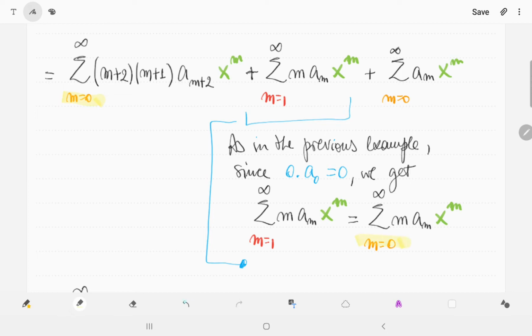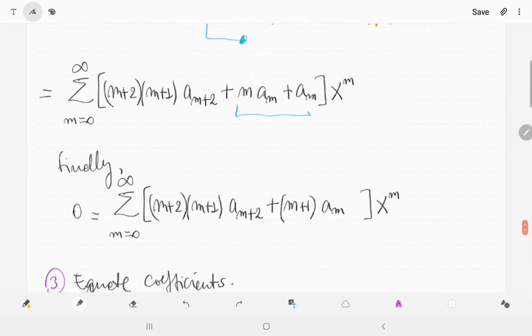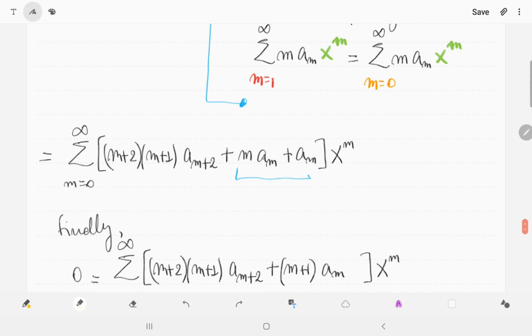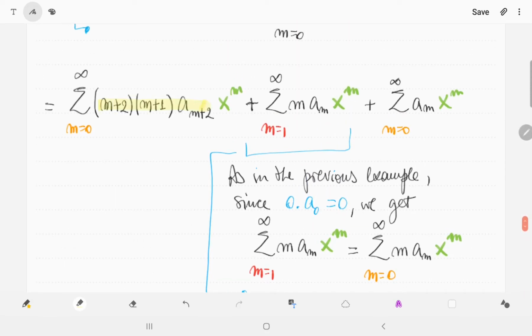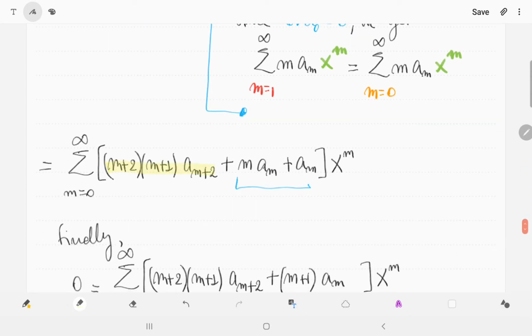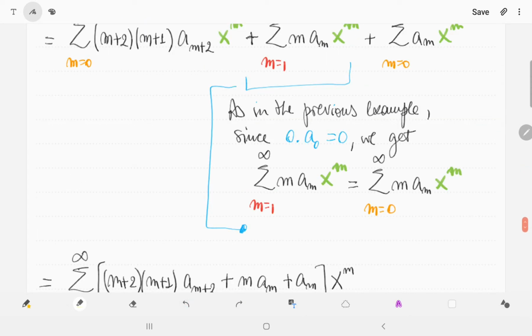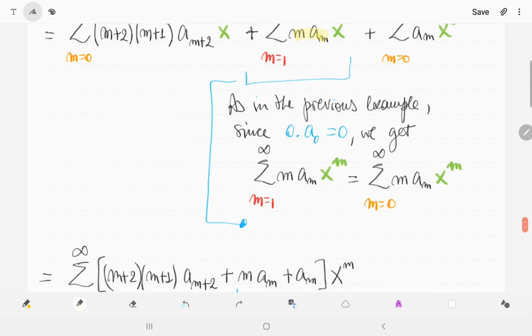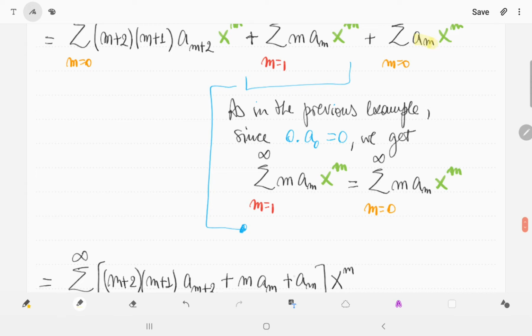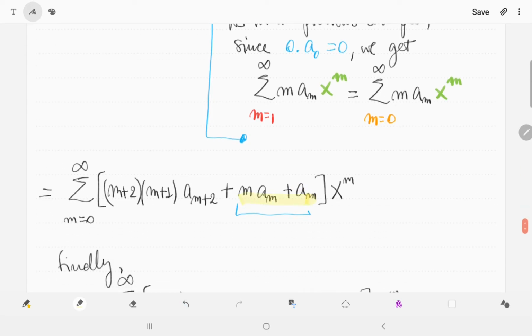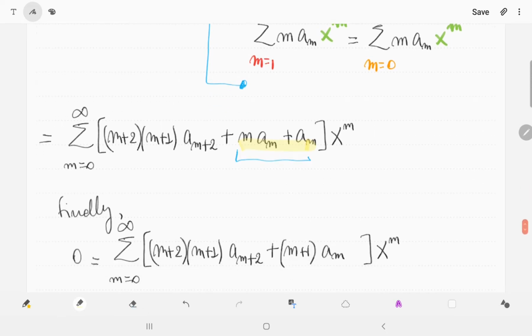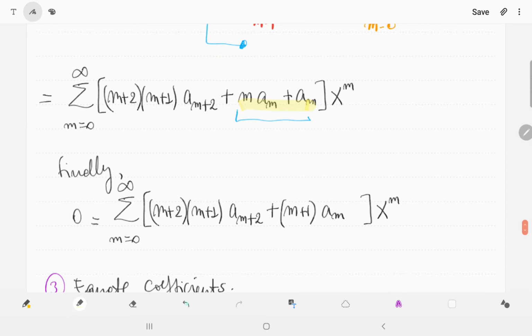So now we have the expression, everything starting at m equals 0, and we just add this term by term. So here we have the first term that you can see here, second term that you can see here, and third term that you can see here. Okay, and now these two can also be written again here.